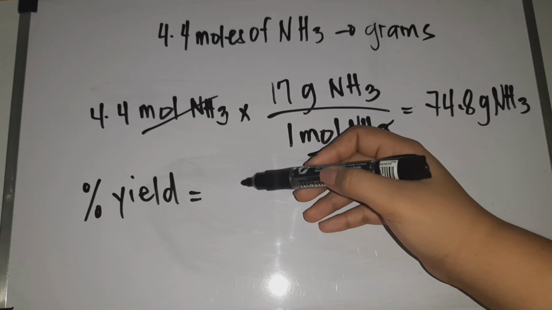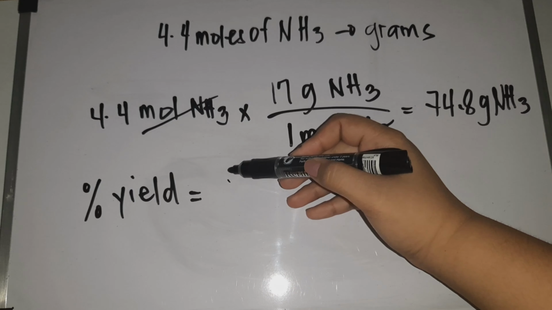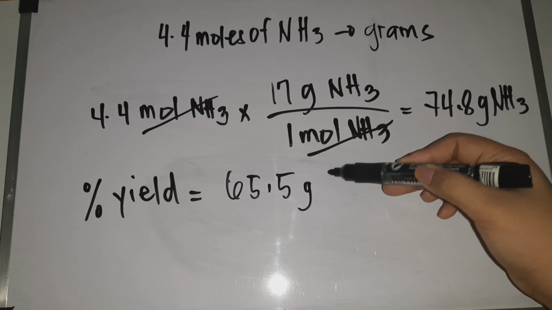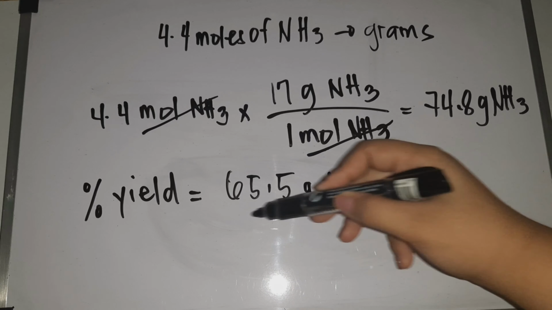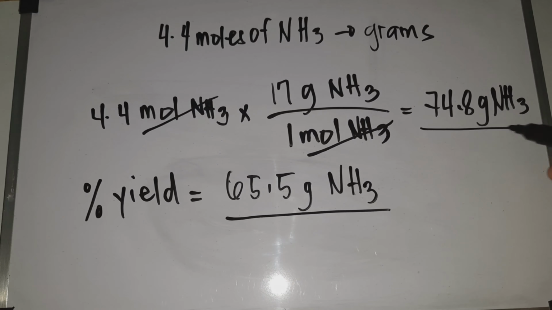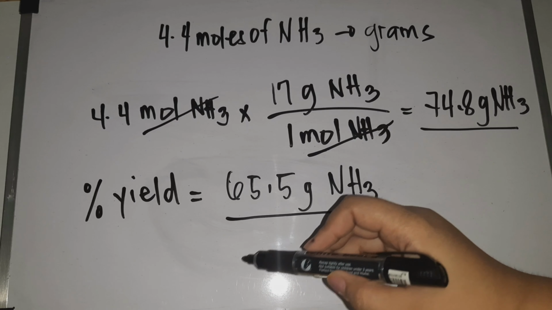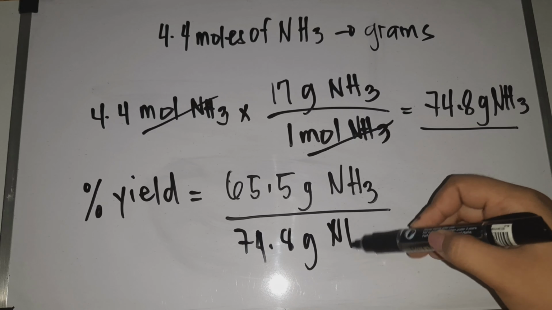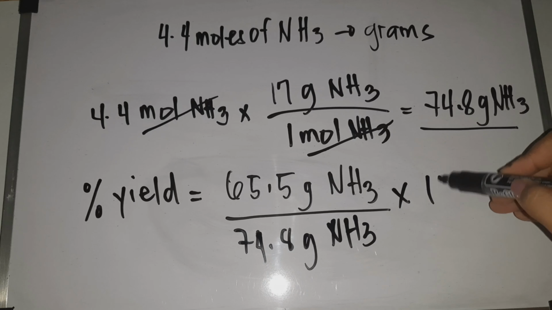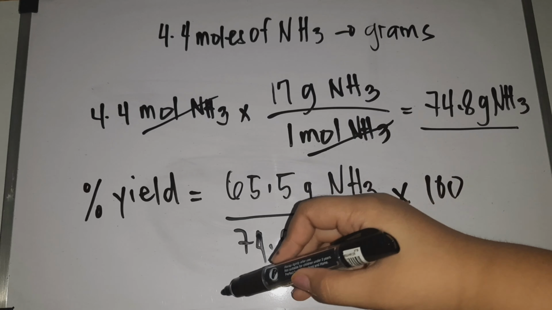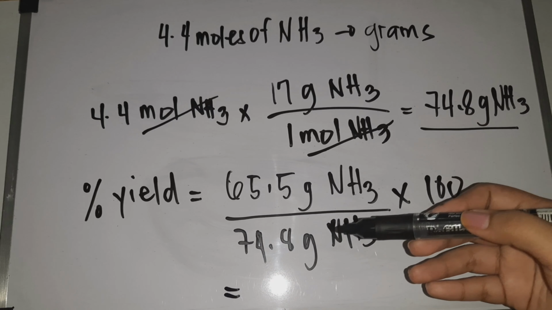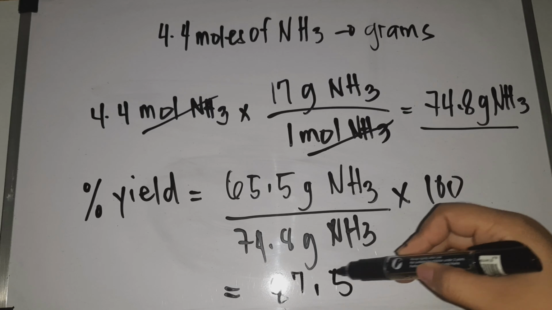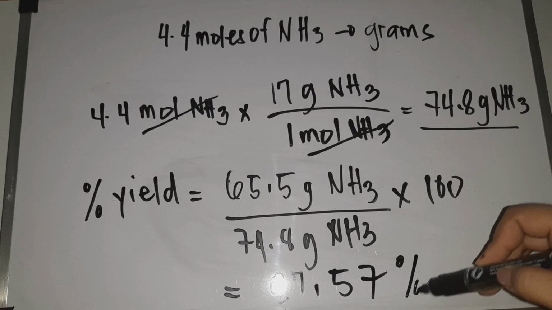According to our problem, our actual yield is 65.5 grams of NH3, and our theoretical yield in grams is 74.8 grams of NH3, multiplied by 100. So the percentage yield of our chemical equation is 87.57%.